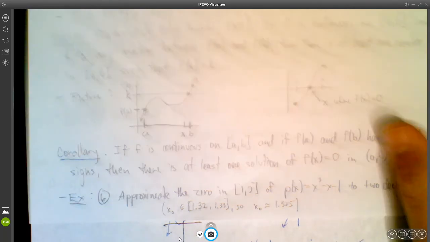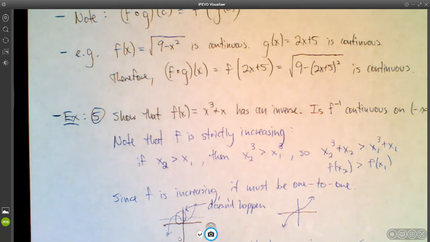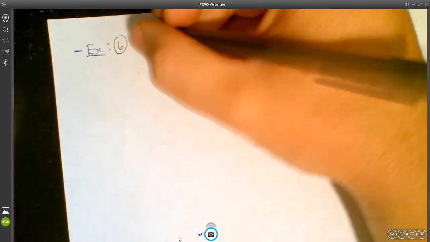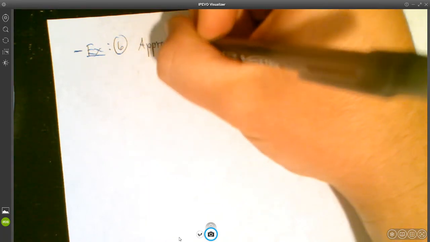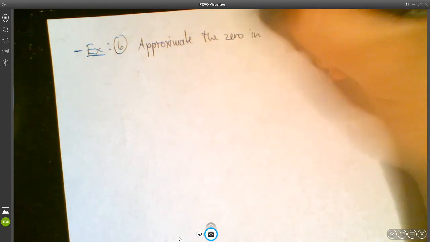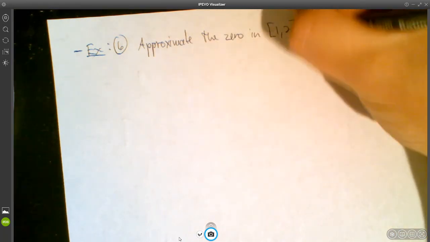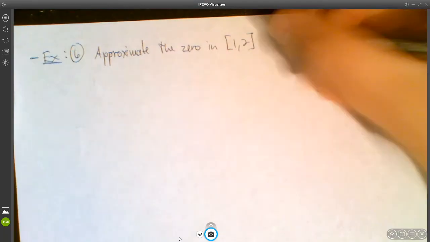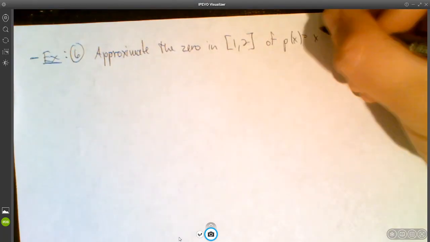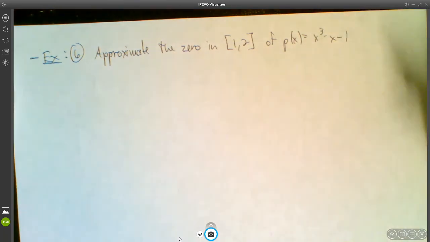So to show you an example of this, we can approximate some zeros. Let's approximate the 0 in the interval 1, 2 of p of x equals x cubed minus x minus 1.